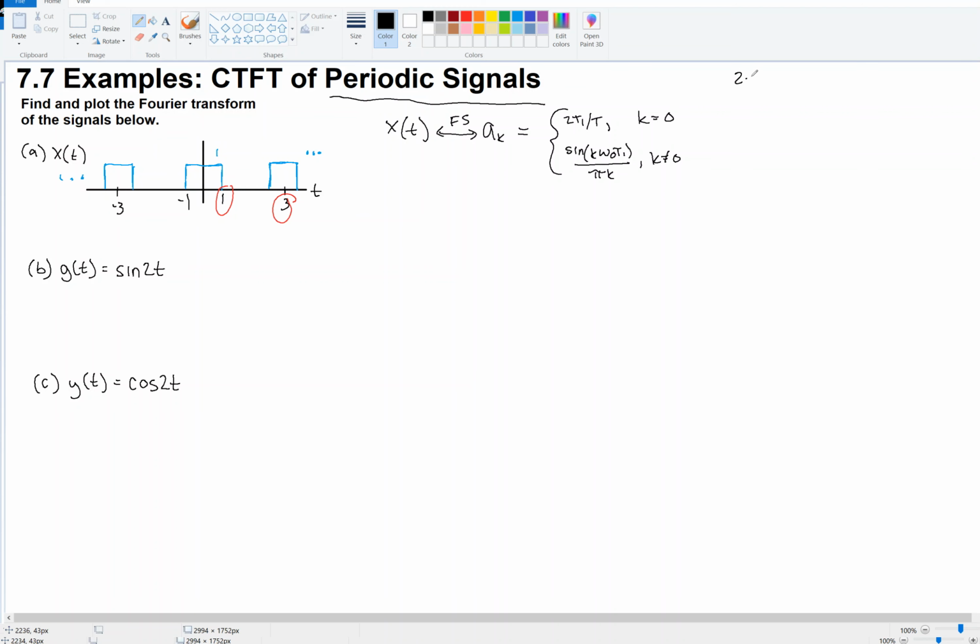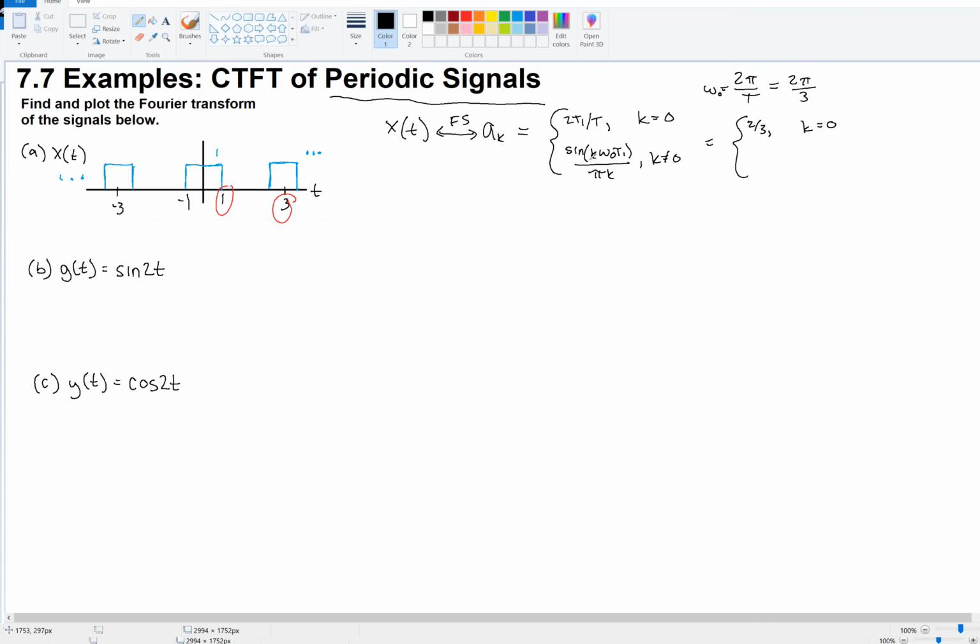And then keep in mind that, as always, the frequency, omega 0, is 2 pi over T, and in our case, that's 2 pi over 3. So what are we dealing with for our specific square wave? Well, 2T1 over T would be 2/3 in our case.